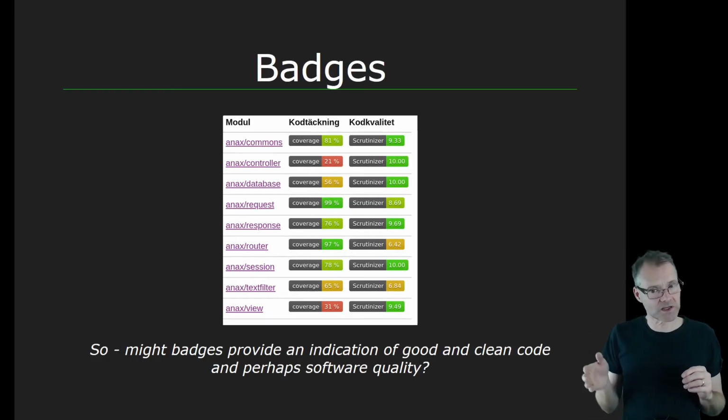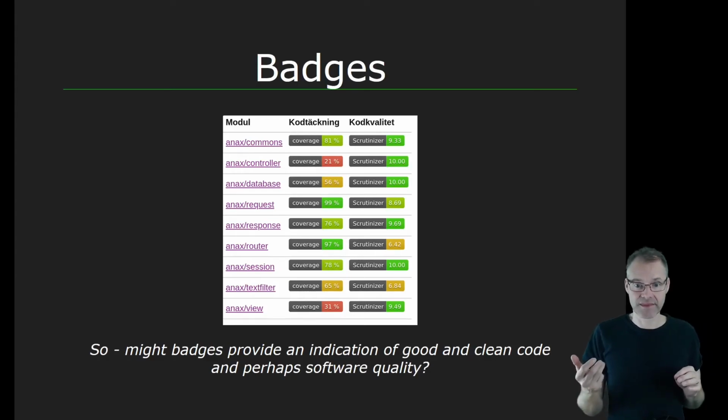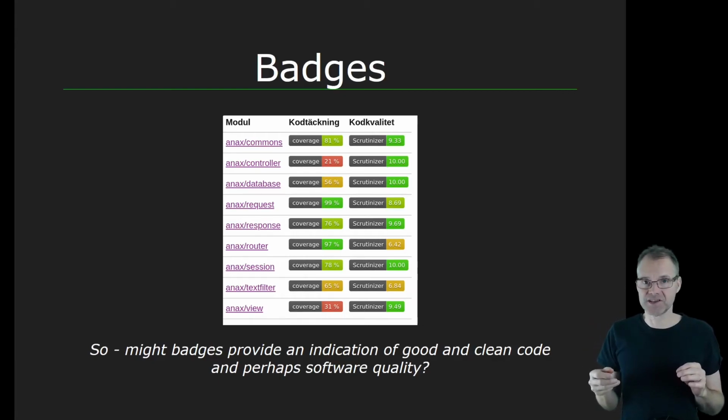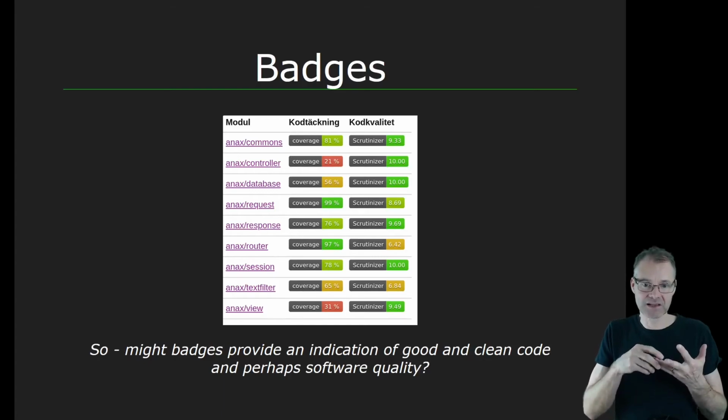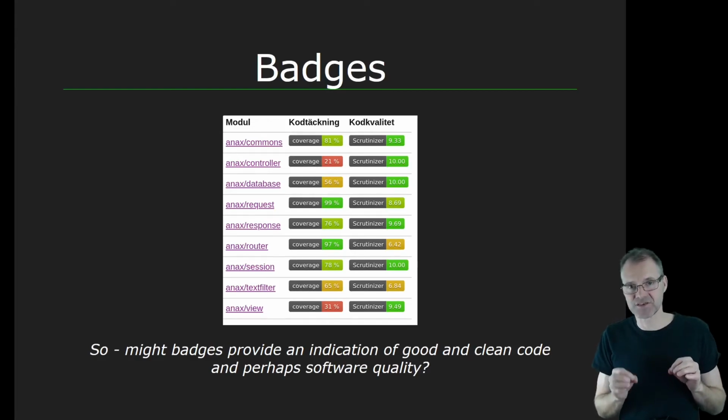Looking at the code quality column there, we see that the code quality in general is perceived as high. There are 2 modules here having a yellow code quality, and perhaps those 2 could be modules that one would put some extra effort into, at least maybe not rewrite, but at least look harder into if this is an acceptable level of code quality in these 2 specific modules.